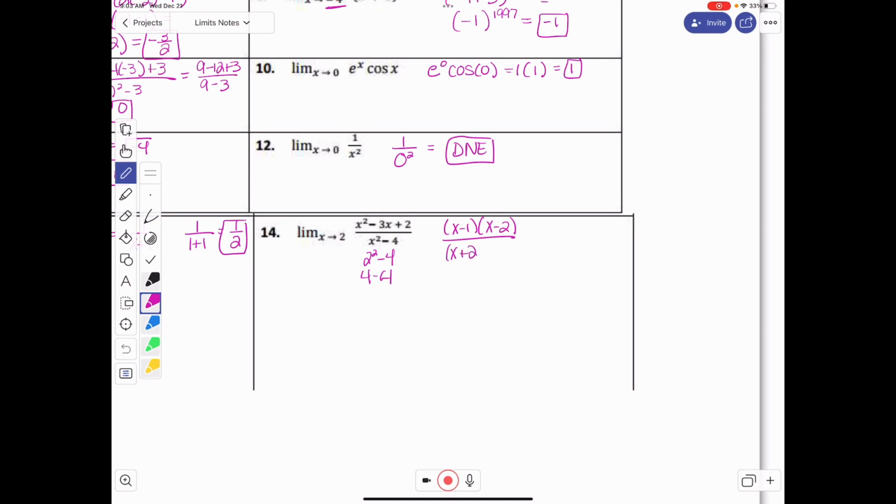So I have x plus 2, x minus 2. So the x minus 2's cancel out. I'm left with x minus 1 over x plus 2. Now if I plug in my 2, so 2 minus 1 over 2 plus 2, that is going to give me 1 over 4. And so that's going to be my limit.